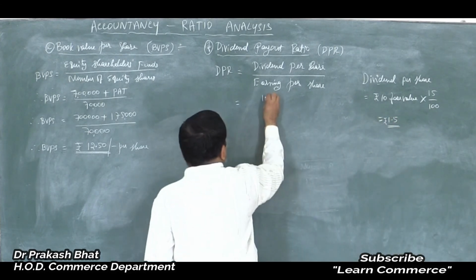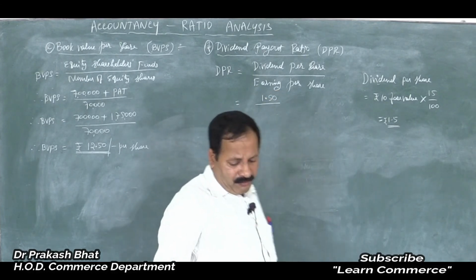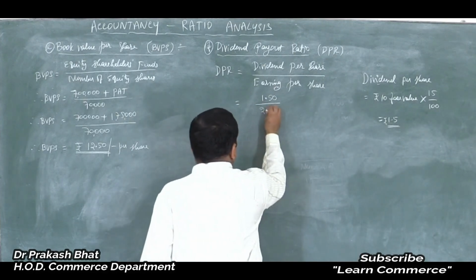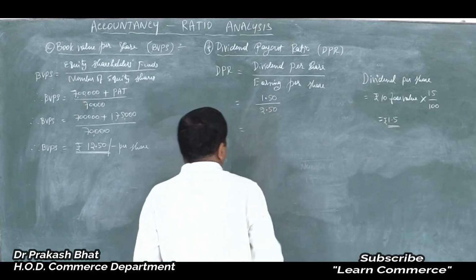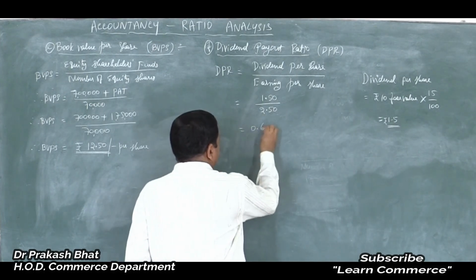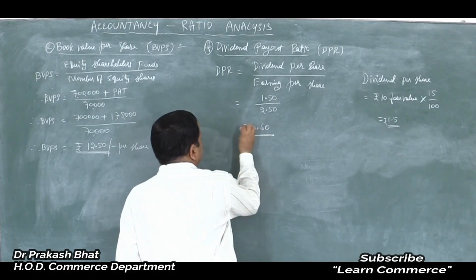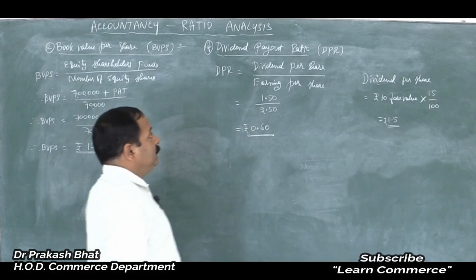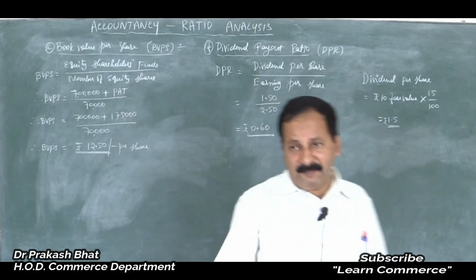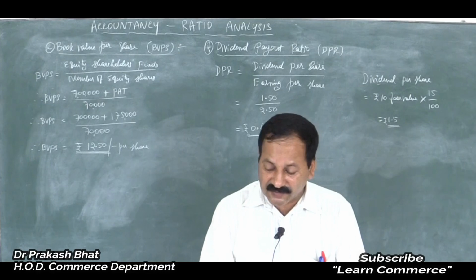So 1.5 divided by earning per share, you have already calculated how much it is, 2.5, right? 2.5 is equal to how much? 0.60. This is 0.60 rupee. 0.60 is the dividend payout ratio. So this is how you have to solve a problem on ratio analysis when 6 ratios are asked.